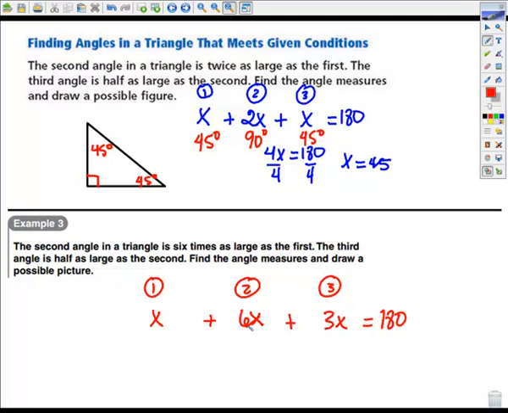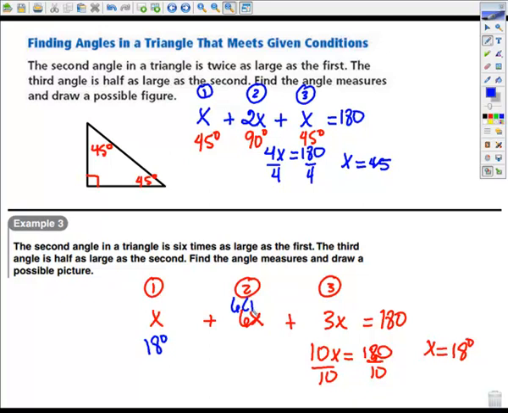So x plus 6x is 7x plus 3x is 10x. Divide by the 10, and x equals 18 degrees. So I know that angle 1 is 18 degrees.